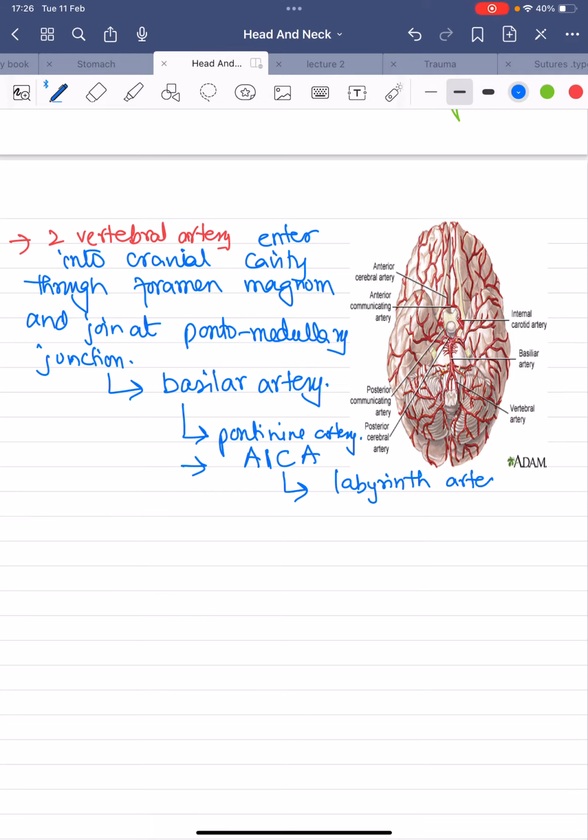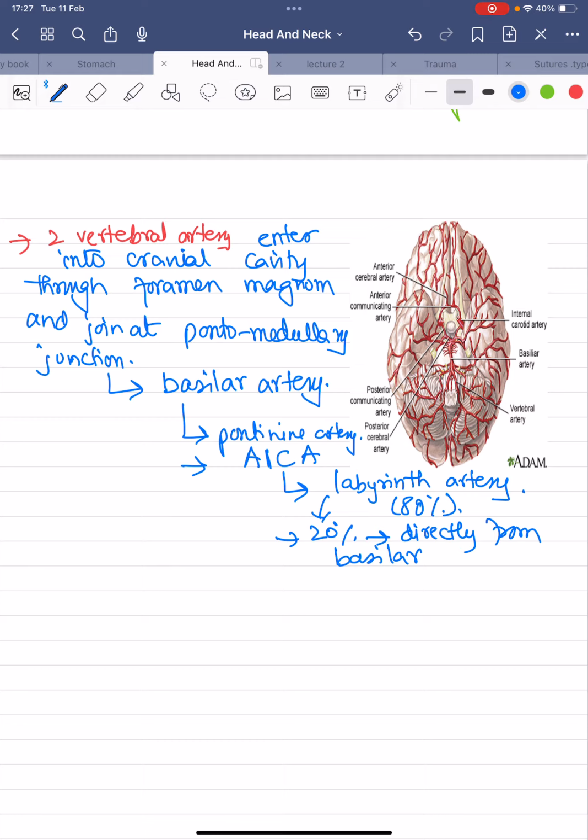Please remember, in most people, for example in 80% of people, the labyrinth artery is a branch of the anterior inferior cerebellar artery, and in 20% of people, it comes out directly from the basilar artery. So this is the point in relation to the labyrinth artery.